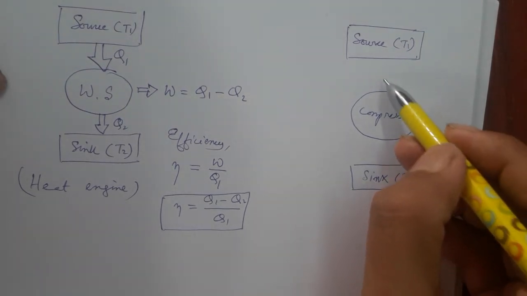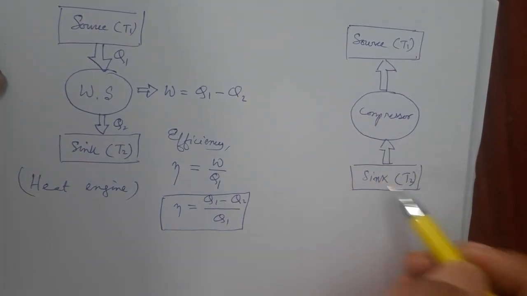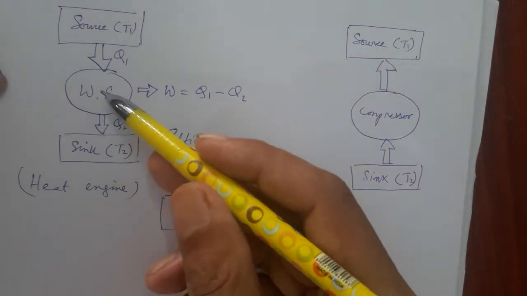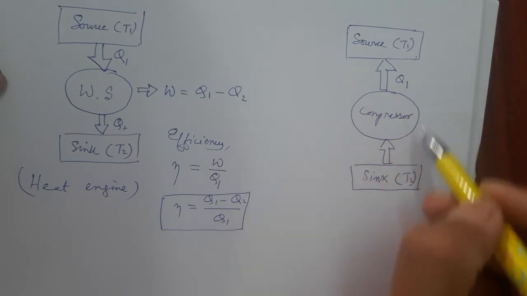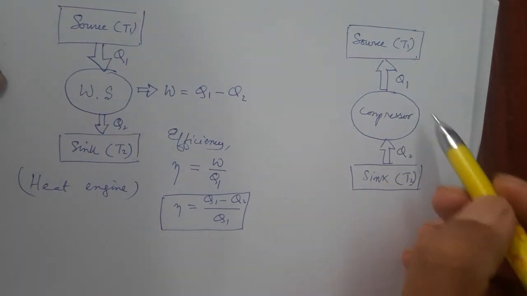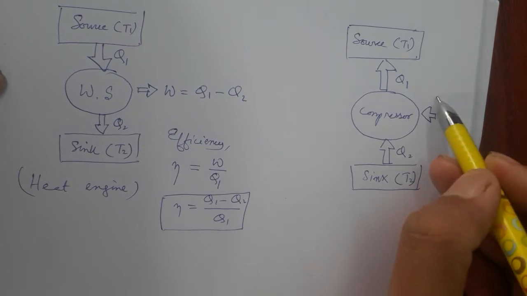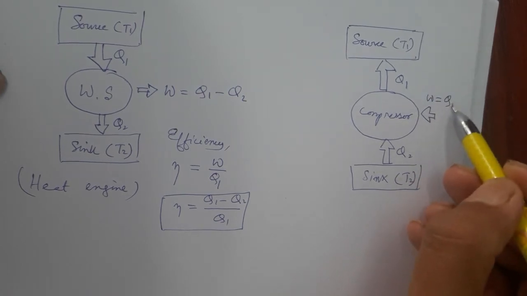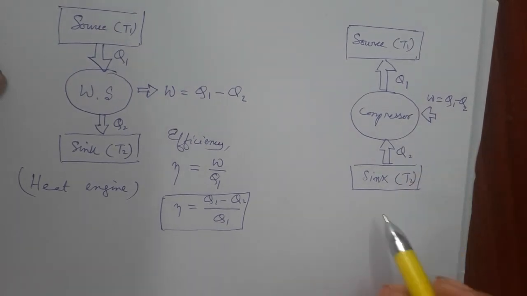So what happened is heat has to flow in the opposite direction. So it's opposite to the first one. But you should write the same amount of heat Q1, Q2 here. And this time work must be done by the compressor. So this work is equal to Q1 minus Q2 again. The same work equation, Q1 minus Q2.